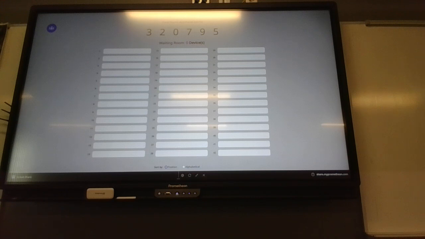So does anybody want to ask a question about the assignment Friday? Growth and decay. I figured it out eventually. I rounded it. Are you sure you got that right?